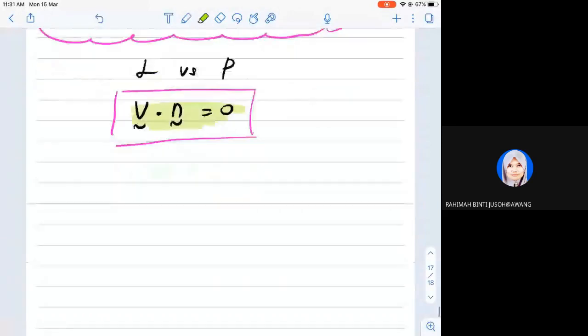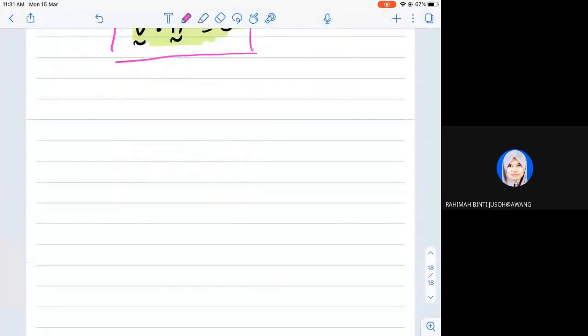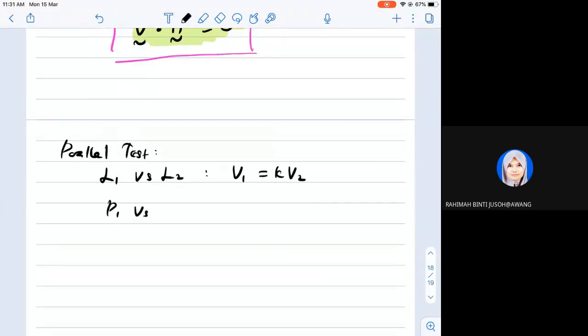So, kita recall balik guys, parallel test tadi antara line versus line, L1 versus L2, we need to have V1 equivalent to KV2. Kalau plane pula, misal kata P1 versus P2, sama juga dengan line versus line, we need to show that N1 must be parallel or must be equivalent to K N2.